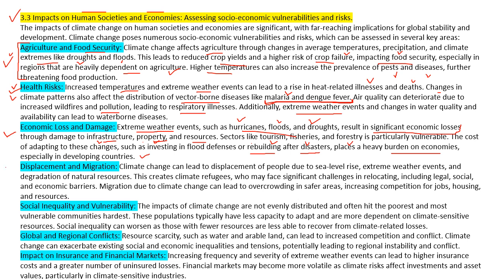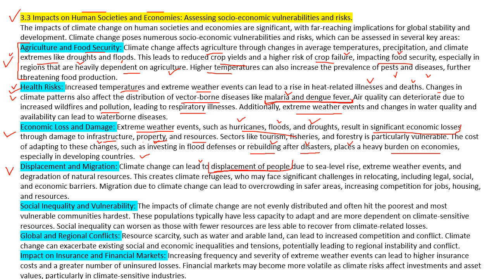Then we come to displacement and migration. You see, those areas where people are fully dependent on agriculture are huge, more than 80% of areas. And when agriculture is disturbed due to climate change, it will lead to the displacement of the people, especially with temperature rise.